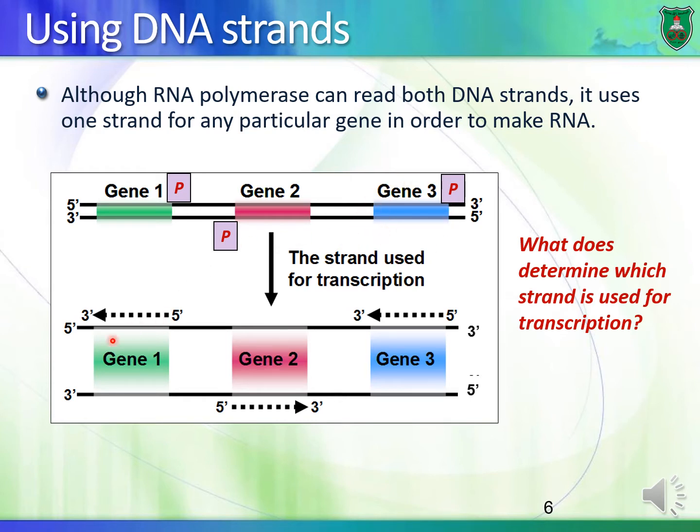Now, notice that for genes 1 and 3, the upper strand is used. But for gene 2, the lower strand is used. The other one is used. So what does determine which strand to be used? It's the promoter, the presence of a promoter. And a promoter is basically the binding site of RNA polymerase. That's what it is.